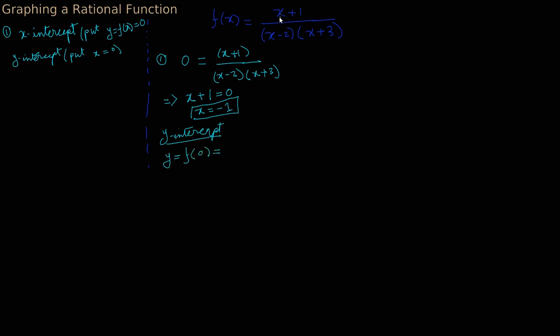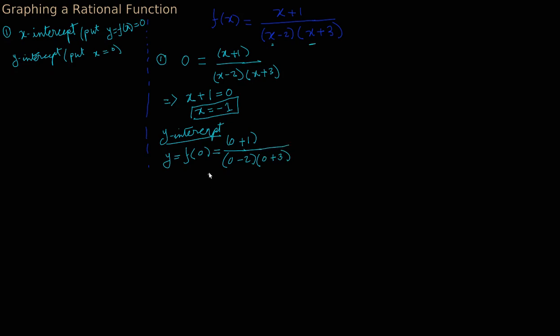In the numerator I have x plus 1, so it will be 0 plus 1, and in the denominator I have x minus 2, so it will be 0 minus 2, multiplied by x plus 3, so it is 0 plus 3.